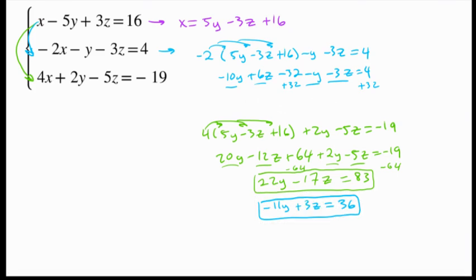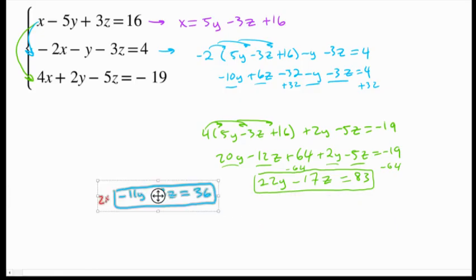What I notice here is that neither of them exactly line up, but I see that 22 and 11 are very close. So I'm just going to take this whole blue equation and multiply it by 2. When I multiply that by 2, it becomes negative 22y plus 6z equals 72.